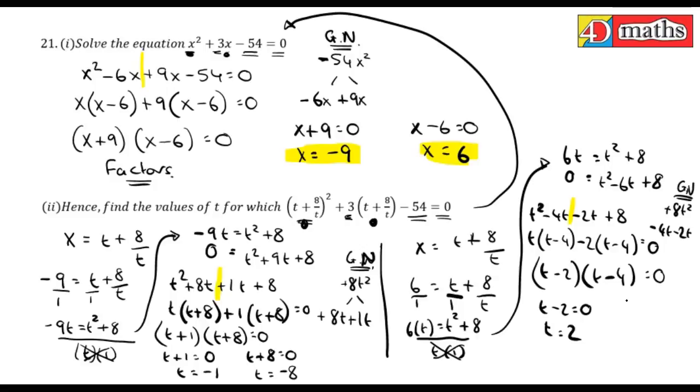It's t now. And t minus 4 is equal to 0, t is equal to 4. So like I said a second ago, there is 4 answers here. This is one answer, second answer, third answer, fourth answer. So this will actually work out to be perfect for this particular question. Okay, those values for t.